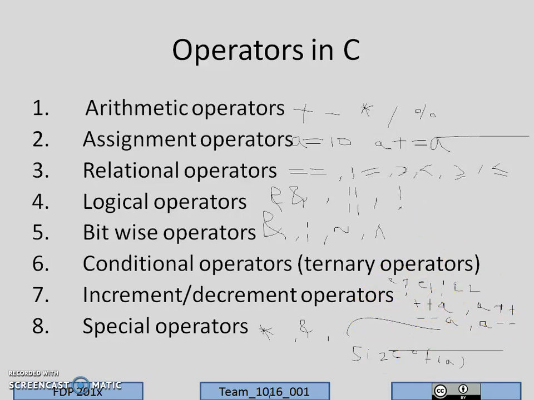Pre-increment means whatever value is assigned to a, increment it by 1 before execution of the statement. The post-increment a plus plus means increment the assigned value by 1 after execution of a particular statement, so at the second time of expression execution it will change its value and increment it by 1.